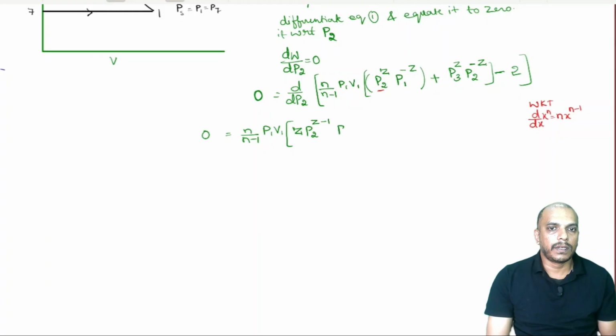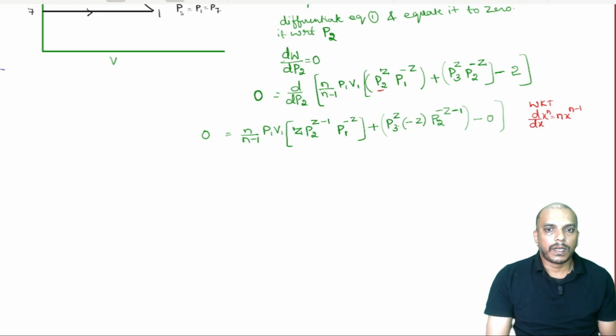P1 will remain as it is, and this is our first term. Let us go to the second term. P3 power z will remain as it is, and the power will come down as minus z, P2 power minus z minus 1, and this is our second term. The minus 2 will become 0.